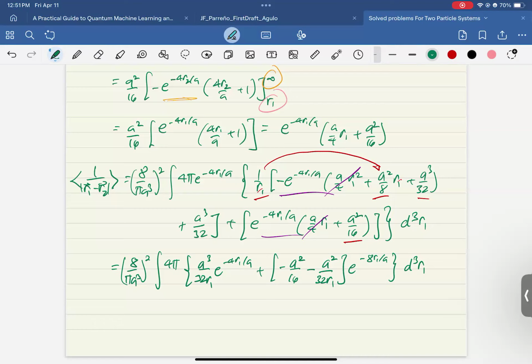Okay. Naintindihan niyo naman kung bakit naging 8 yan, no? Kasi pinasok ko na multiply ko na yung exponential na nasa labas sa loob ng curly brackets.